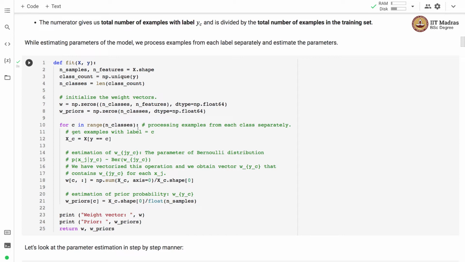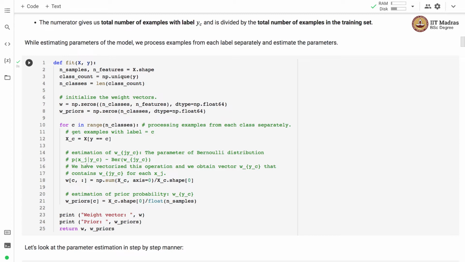So we first get examples with label C. So we have a feature vector with examples exclusively from class C, and then we estimate w j by c, that is a parameter of Bernoulli distribution with class label yc and variable j.